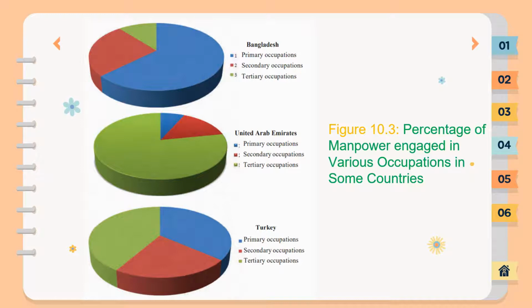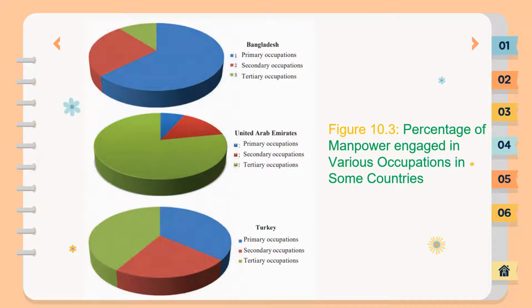Yes, Bangladesh is the country that has more manpower engaged in primary occupations. The next question is, which country has more manpower engaged in secondary occupations? Well, as you can see, Turkey has more manpower engaged in the secondary occupation.